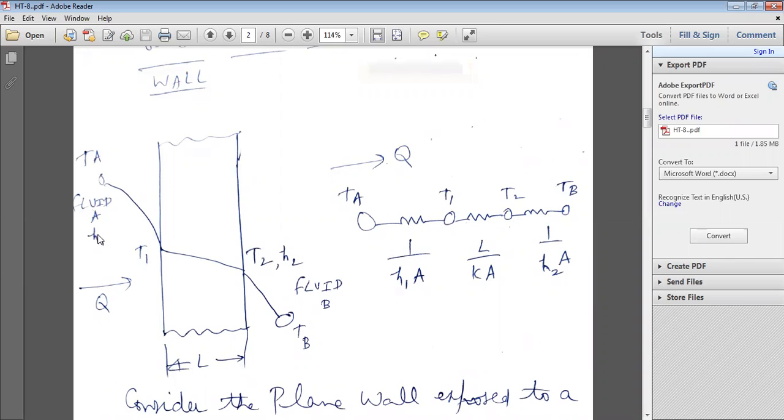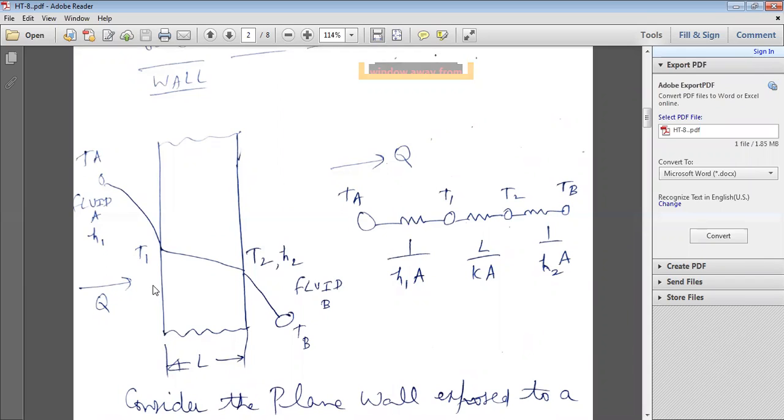The temperature at the left face is T1, the temperature at the right face is T2, and on the right is convective fluid B with coefficient H2 and temperature TB. The thickness of the material is L.